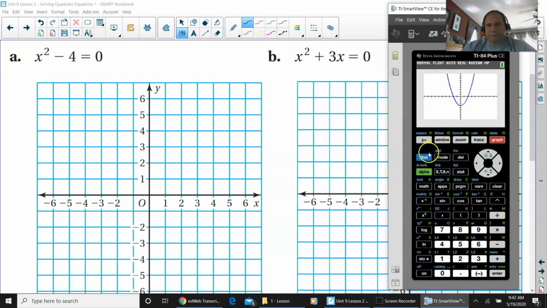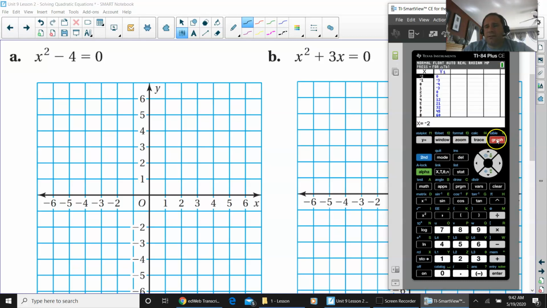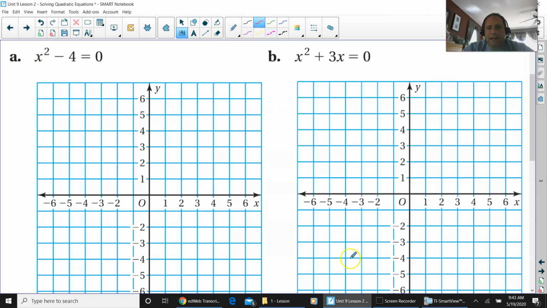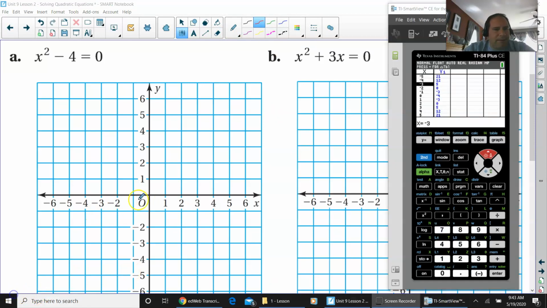And graph. To get the actual coordinates, press second function and table, and you will have your coordinates. Just go to where it says like maybe -4, -3, right? Because you really can't fit anything else on there. It's -3, 5, and just put a point right there. And then -2, 0, put a point right there.